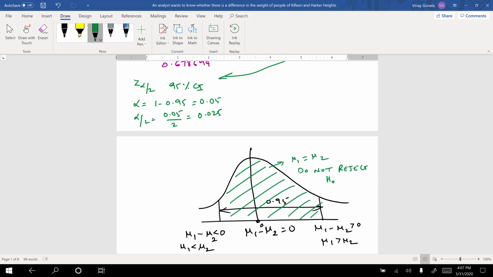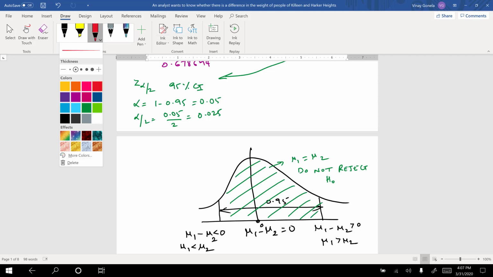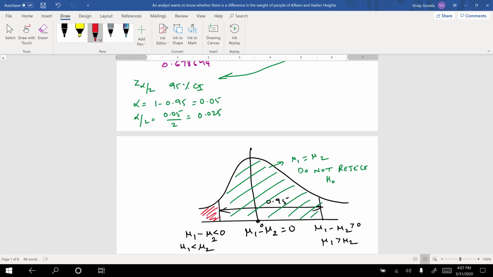And then we have this region in which mu1 would be less than mu2, as we discussed here. So that means you will reject H null, that means mu1 will not be equal to mu2.